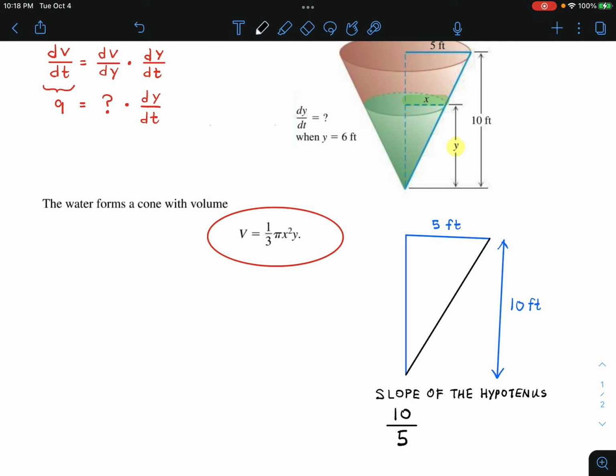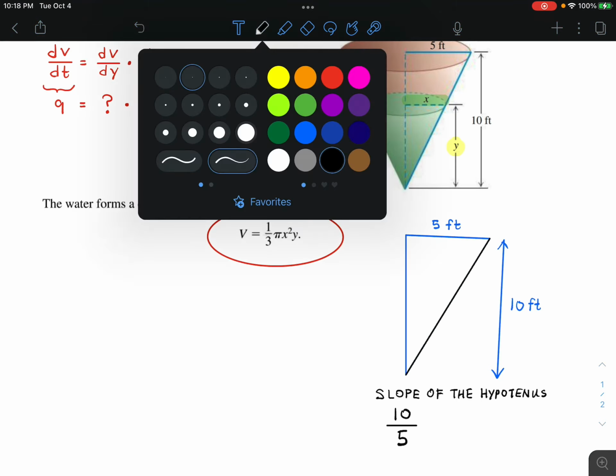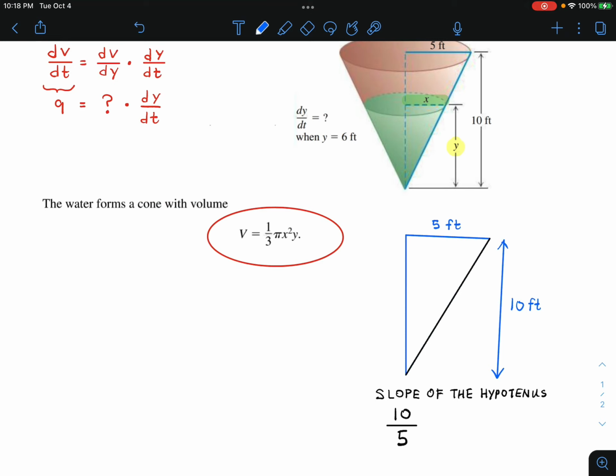Now, where do the x and y come in? Based on the water level, the x is this measurement, and y is this vertical measurement of the smaller triangle. So we could calculate the slope using x and y, once again the rise over the run.